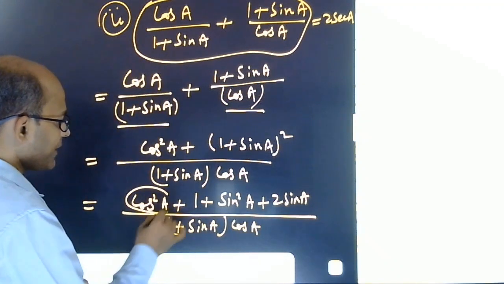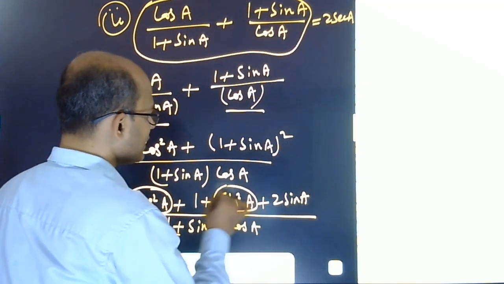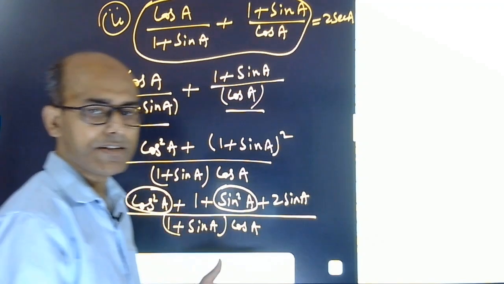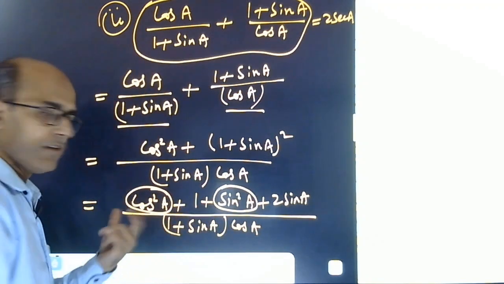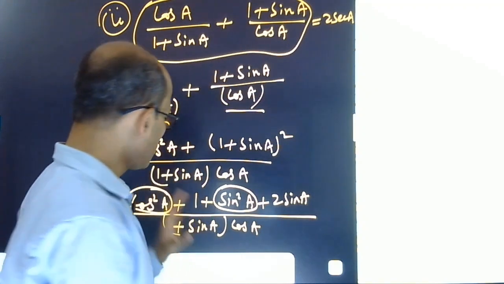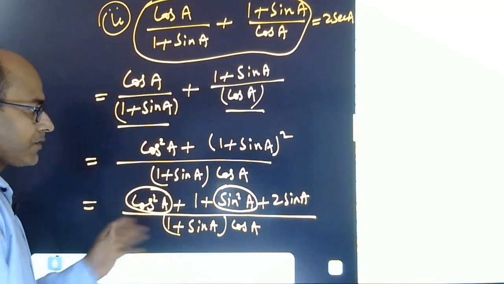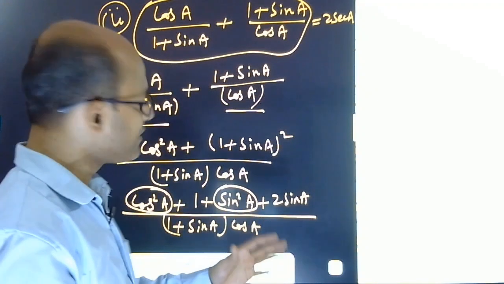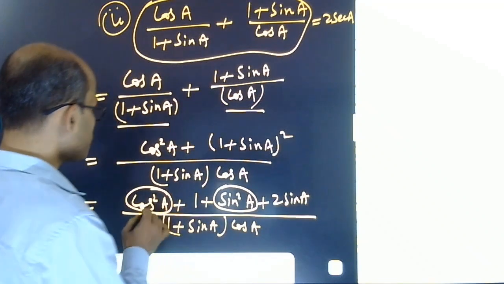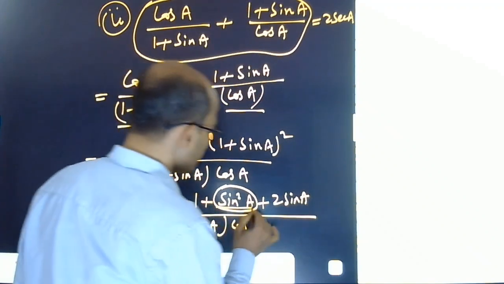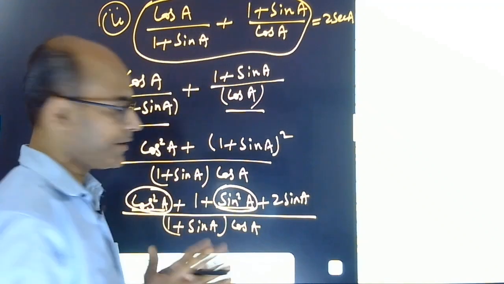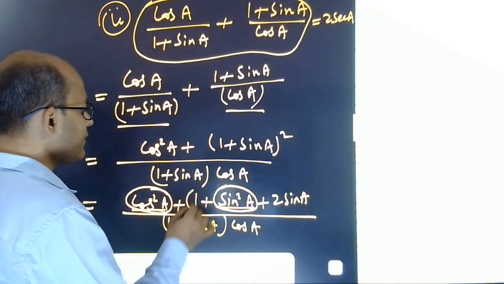Cos square A plus sin square A, it is giving how much? It is giving us the value of 1, because we know the formula that cos square A plus sin square A is 1. So these two will add to each other, giving how much value? 1. So 1 plus 1 will give how much?